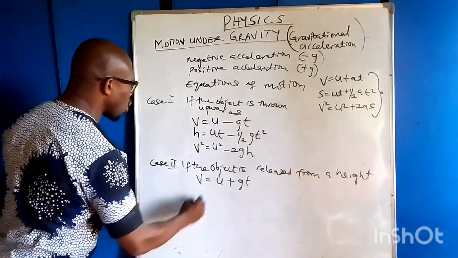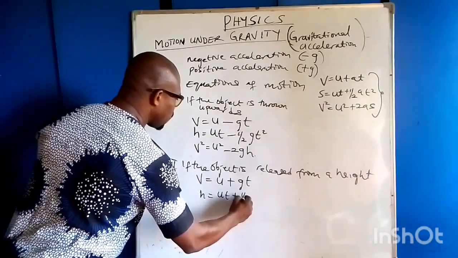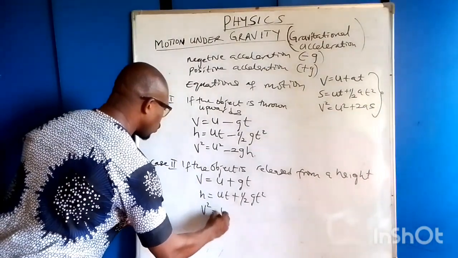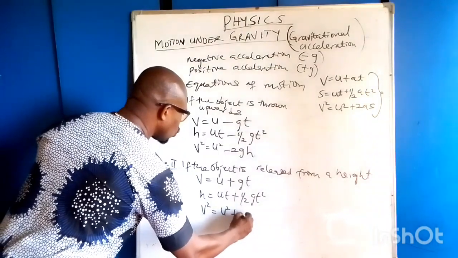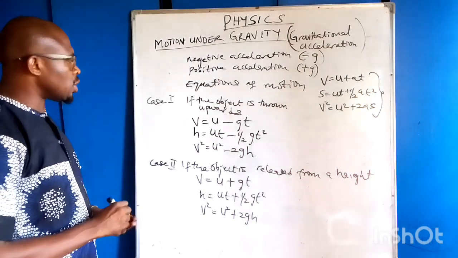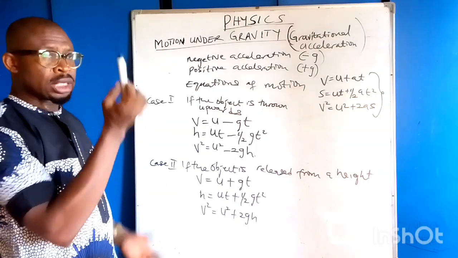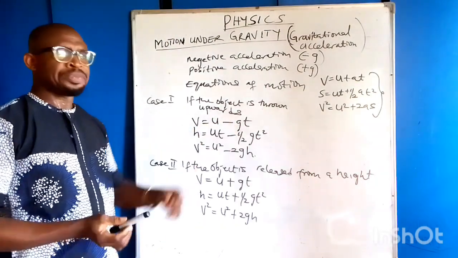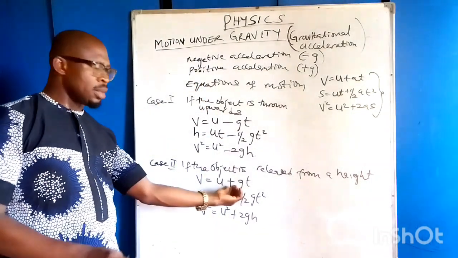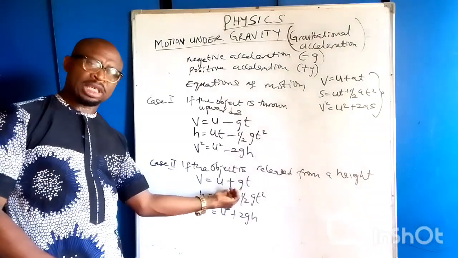The second one changes to h equals ut plus half gt squared. And the last one gives us v squared is equal to u squared plus 2gh. The difference between these is just the positive and the negative sign. The negative sign comes into play when the object is thrown vertically upwards, because it is moving against gravity. When you release it from a particular height, it moves in the same direction as gravity, so we have the positive sign.